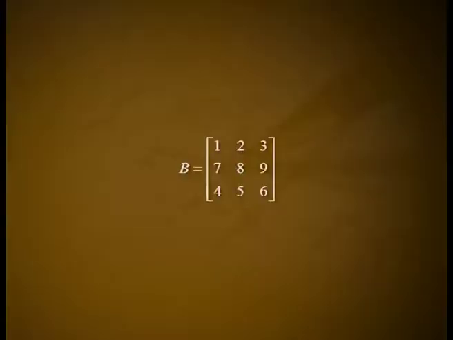Theorem 4. Every elementary row transformation of a matrix can be brought about by pre-multiplying the matrix with the corresponding elementary matrix. Before giving the proof, we consider two examples to illustrate the theorem. Example 5. Consider the matrix A = 1 2 3, 4 5 6, 7 8 9. Applying R23 on A, we obtain B = 1 2 3, 7 8 9, 4 5 6.